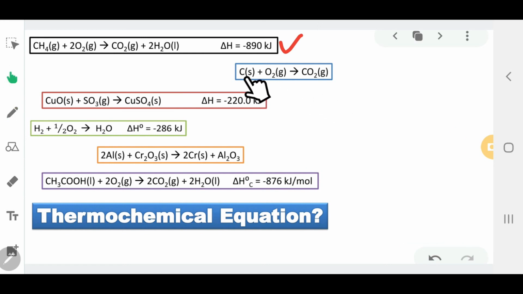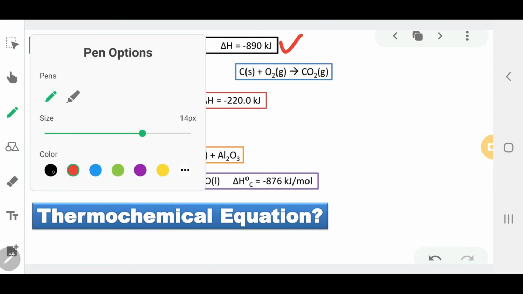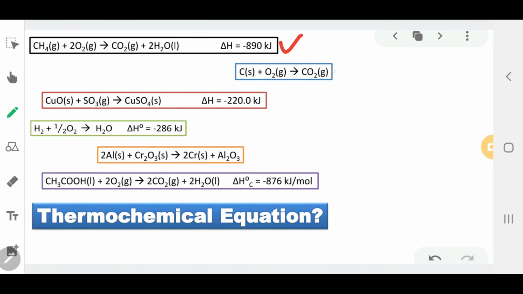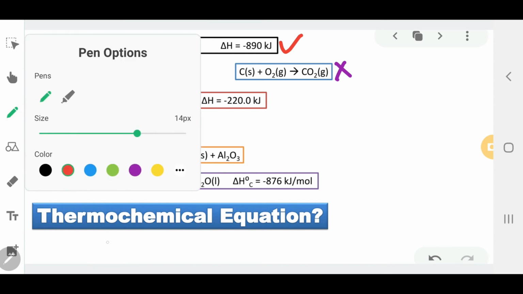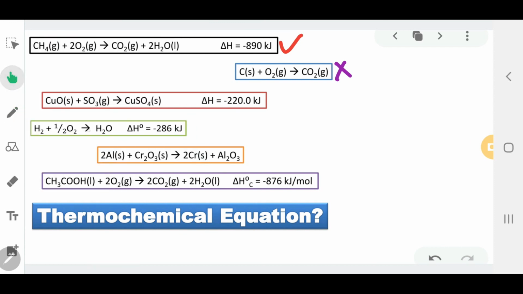The one in blue, you have the phases, but it does not have delta H. Therefore, this one is not a thermochemical equation. And the one in red, you have the phases, you have the equation balanced, you have the delta H. This is a thermochemical equation.